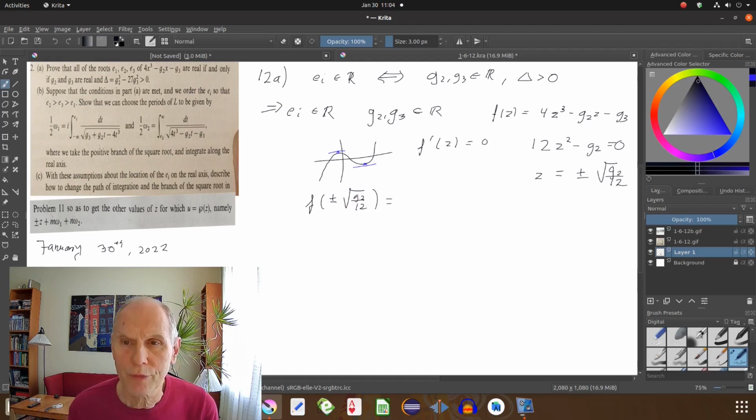And I find it very useful to put z outside the parentheses here. For z squared minus d2 minus d3. So 4z squared, that's a third d2.